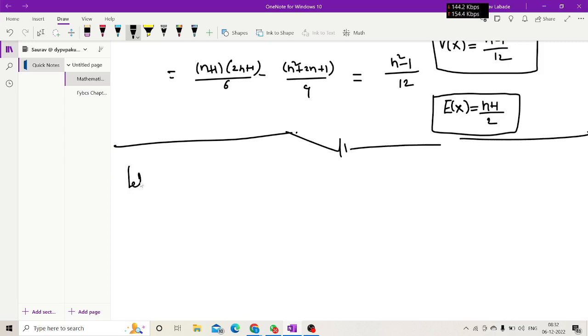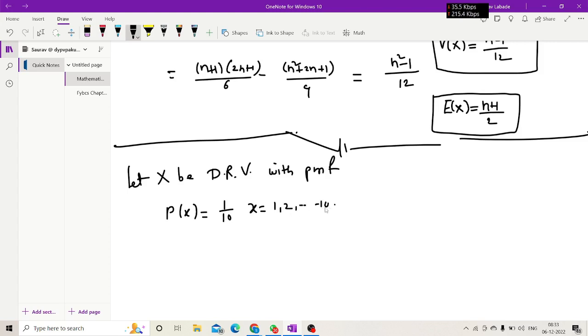So let x be a discrete random variable with probability mass function, probability of x equals 1 by 10. So my x is the variable taking values 1 up to 10. Then a very simple question: tell me what will be the expectation of x and what is the variance of x.